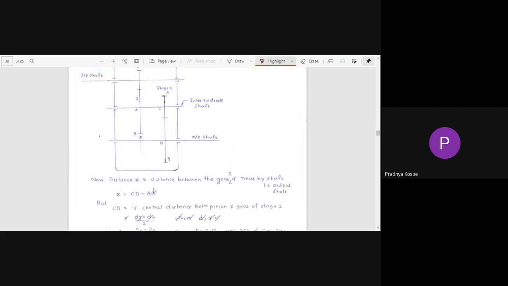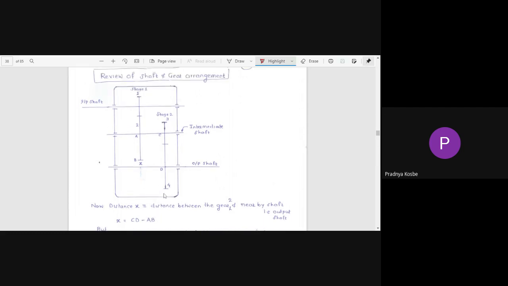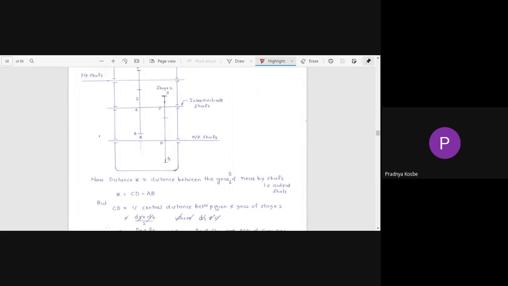So now this distance x is the distance between the gear and the nearby shaft, that is the output shaft, because there should be a clearance between shaft and gear. They should not touch each other, right?